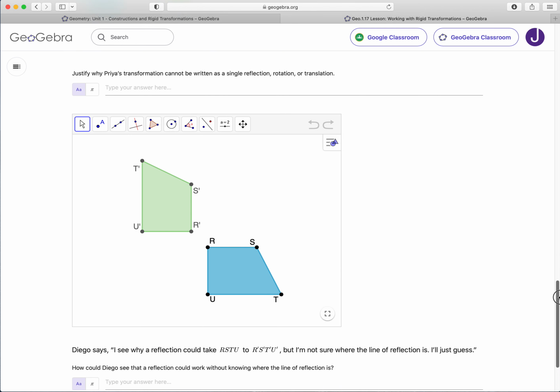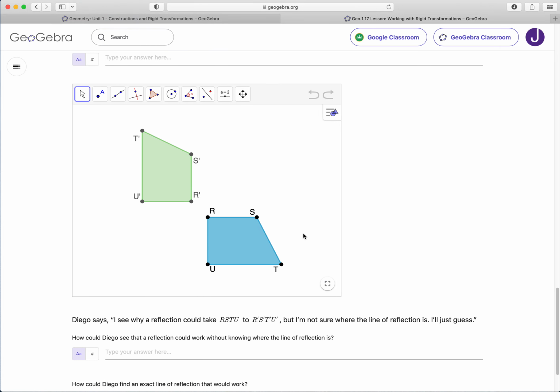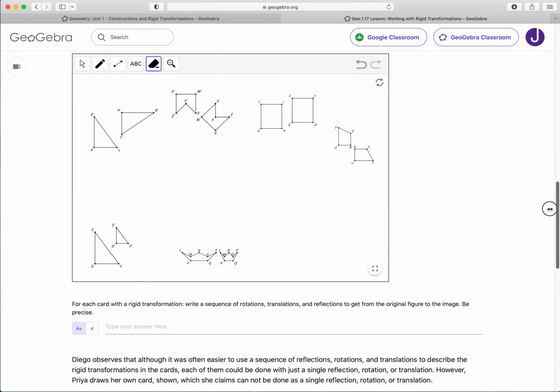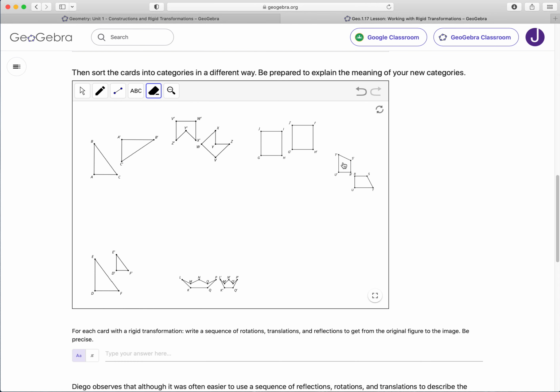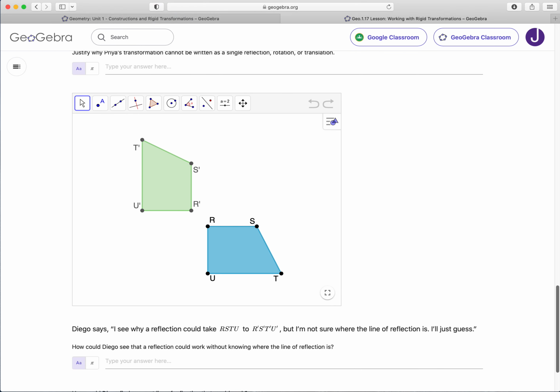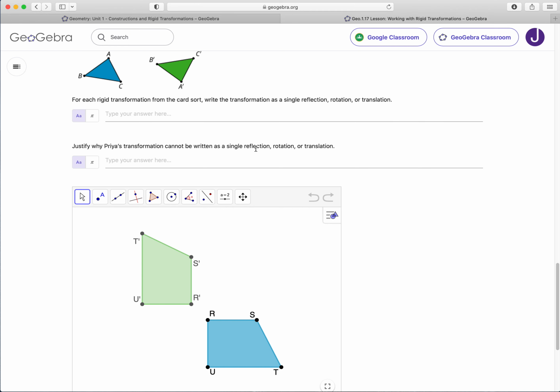Now here, this is actually the exact one of these, and we talked about how we would do this. I guess in terms of why this doesn't work is that there's a reflection involved and a rotation involved and a translation involved, and you can't combine all three of those into one step. Okay.